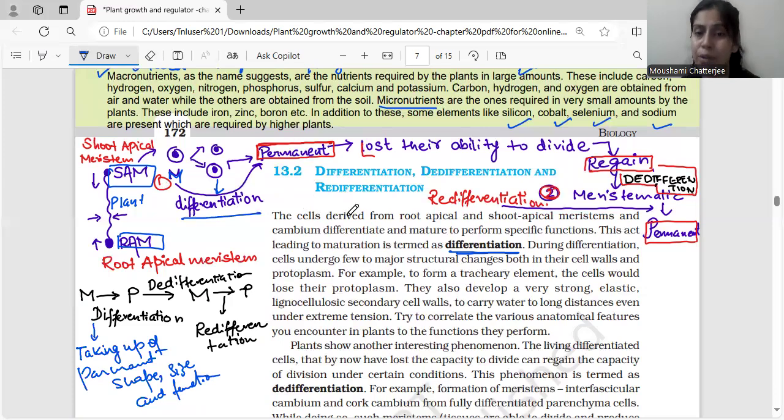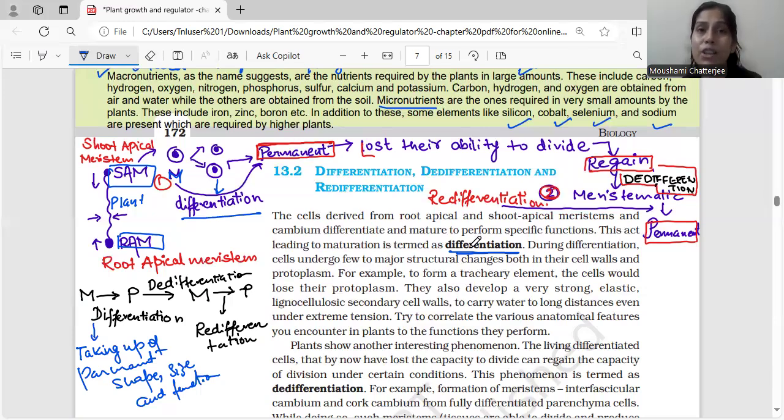It's not going to divide further. So it has lost its ability to divide. And once this permanent tissue regains the ability to divide and forms meristematic tissue back again, we call the process dedifferentiation. Okay. So what happened is initially meristematic tissue transformed into permanent tissue by the process of differentiation, right?